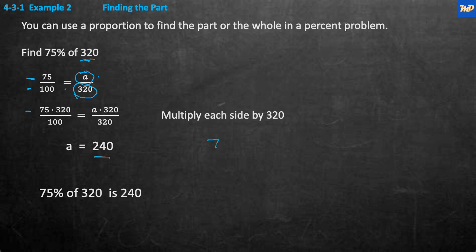That's where this came from, with the A missing there. So now you simplify that. For the 100, you just move the decimal places 2 times. So 320 times 75, use your calculator, and then move the decimal place 2 times, and you get 240. 75% of 320 is 240.